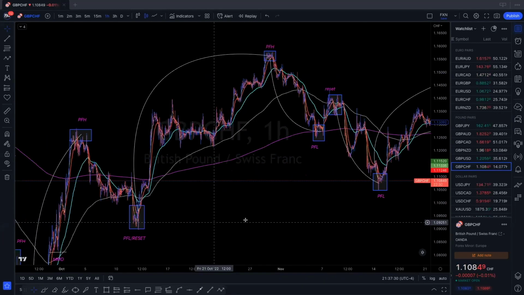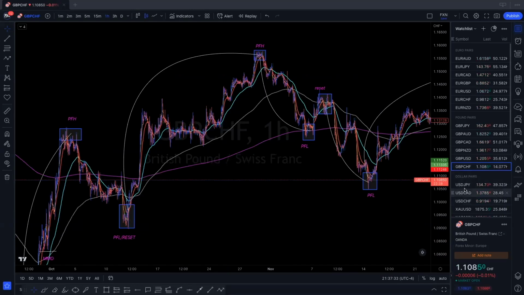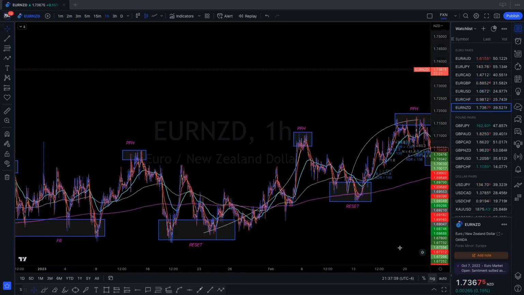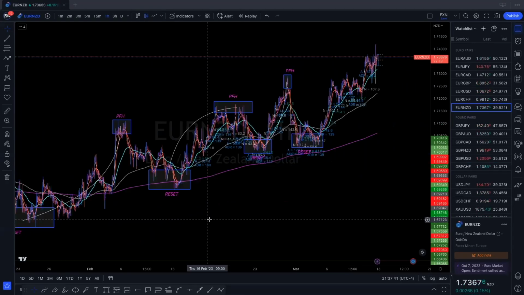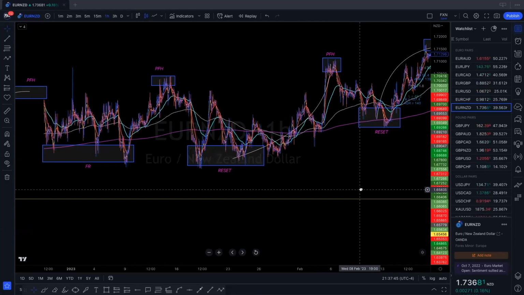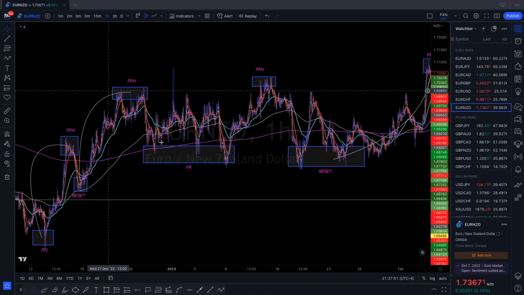Those would be the ones that you want to trade. It doesn't matter what pair it is. The important part is that you don't want a pair like this that has resets. You don't want that.